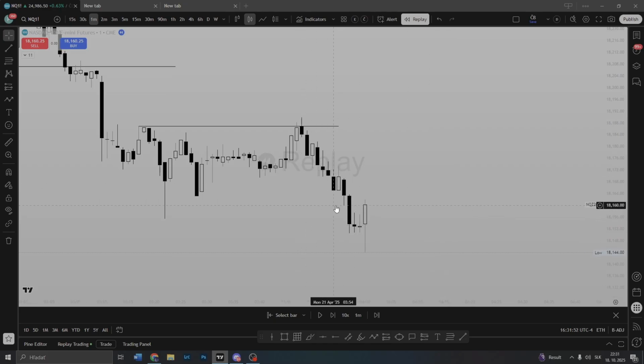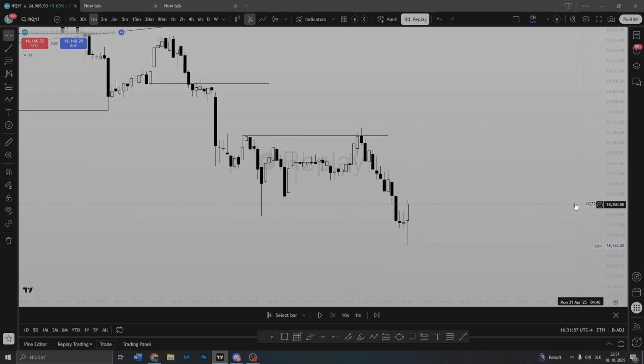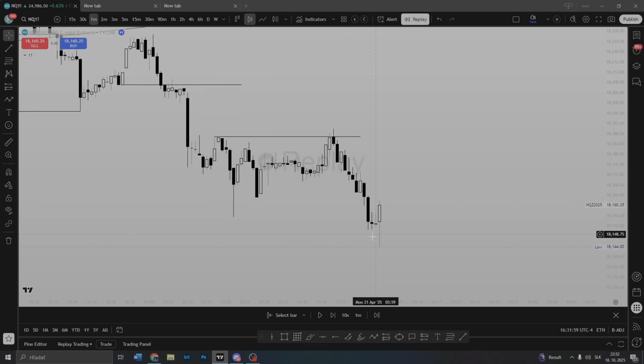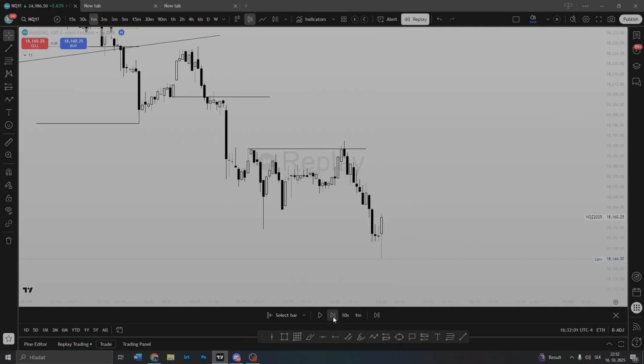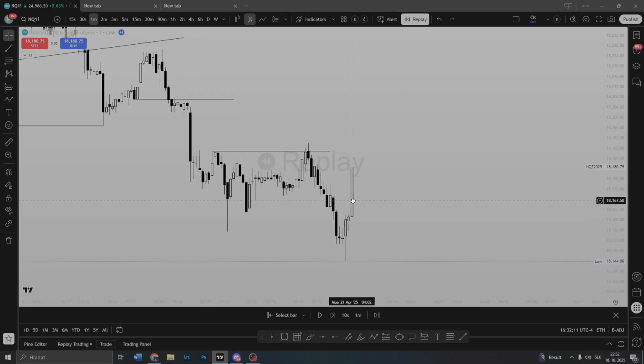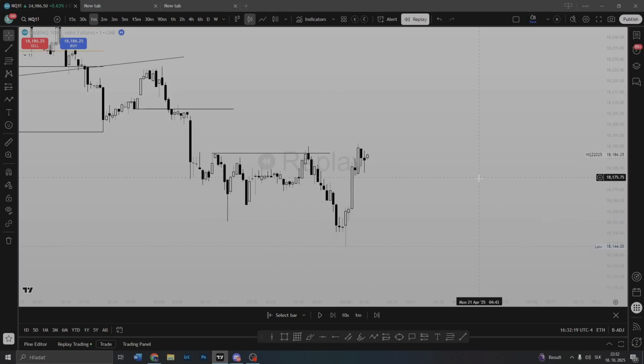I will stay out of it because it's a little too premature an entry, but I'm just calling it right now, this should be the low right here. Big candle closing well at 356, kind of creating CISD. Taking the highs.